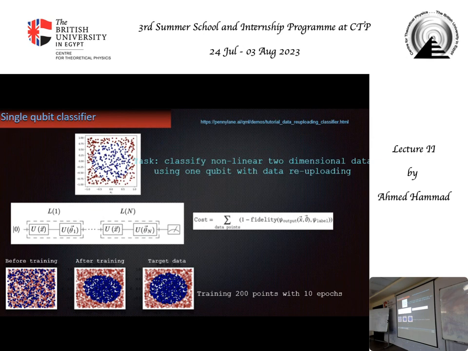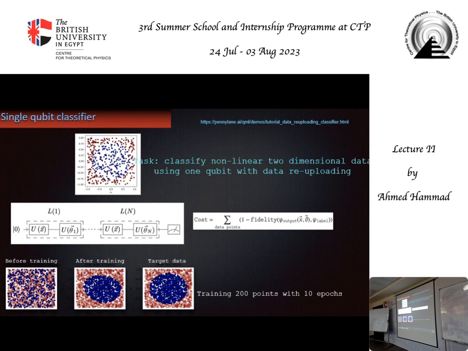Before any training, the blue and red points are randomly scattered everywhere on the Hilbert space of the qubit. But after training for 10 epochs, you can see how nicely the model learns the nonlinear classification boundaries that separate the two classes.